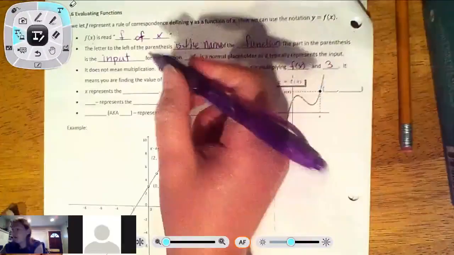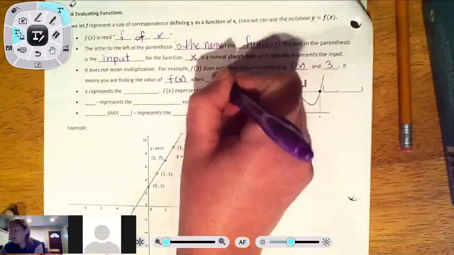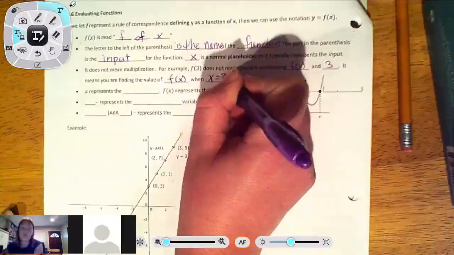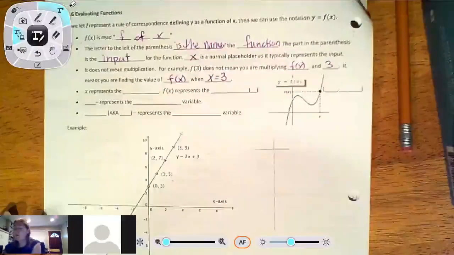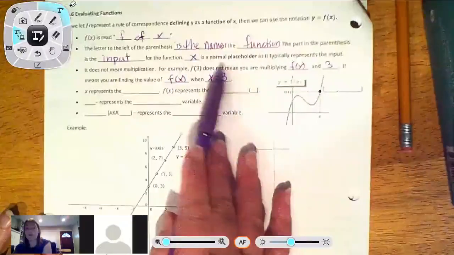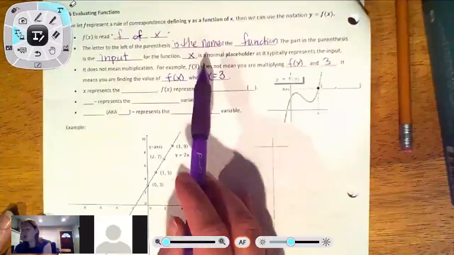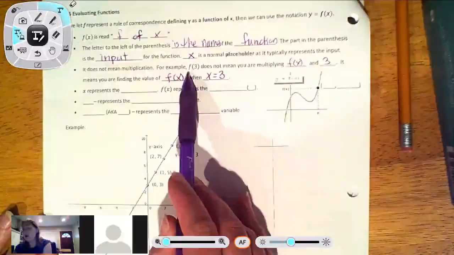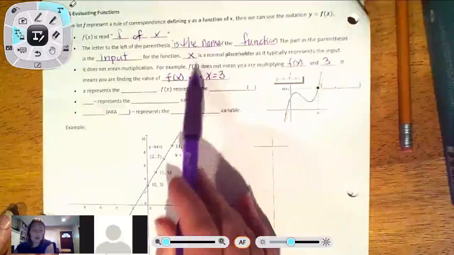It means you're finding the value of your function when x is 3. So that's the main area where students make mistakes. They think that it means multiplication, but when you have a function, a letter outside, it actually means you're evaluating at that number. So x represents the input.